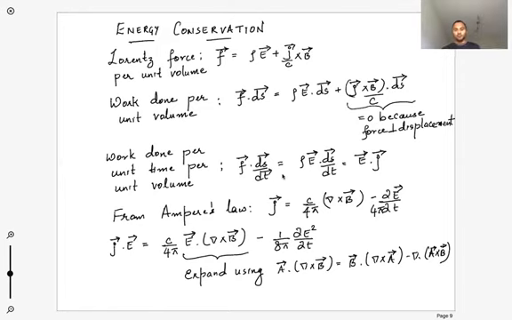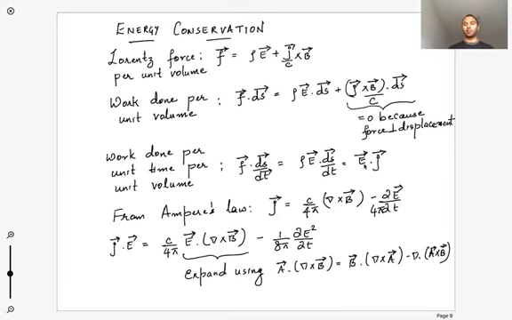Okay. Now, we can plug in Maxwell's equations into this, and then we get a very nice result called the Poynting theorem, which is basically a statement of energy conservation in electromagnetics. So remember, from Ampere's law, I can solve for J, and that's just the curl of B. I've just taken J on the left-hand side, and this is Ampere's law.